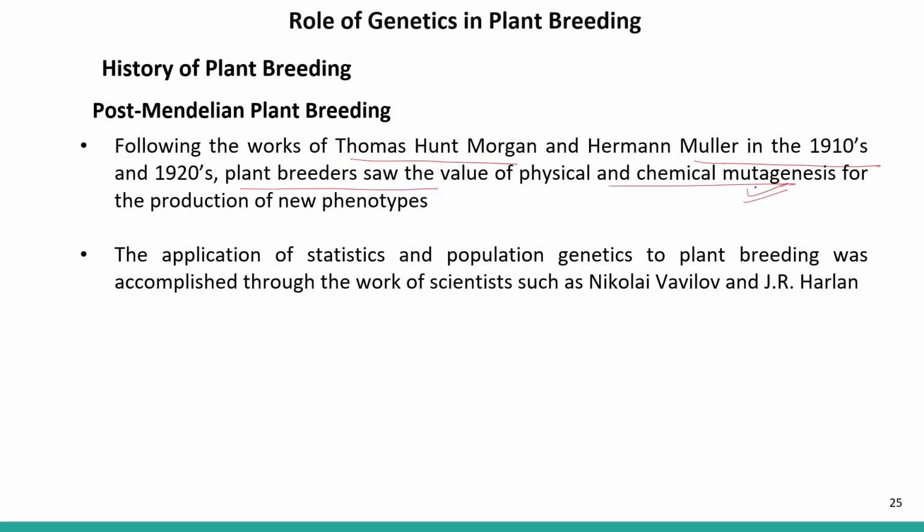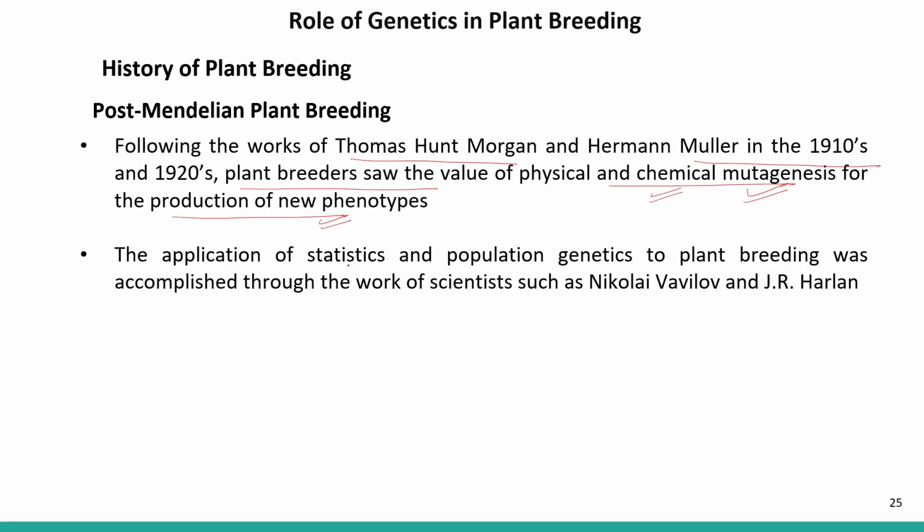We have studied that hybridization, controlled pollination, self-pollination or cross-pollination, and mutagenesis were certain techniques used for the plant breeding process. Chemical mutagenesis was also used for the production of new phenotypes.